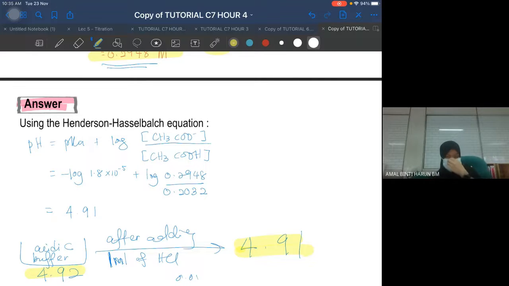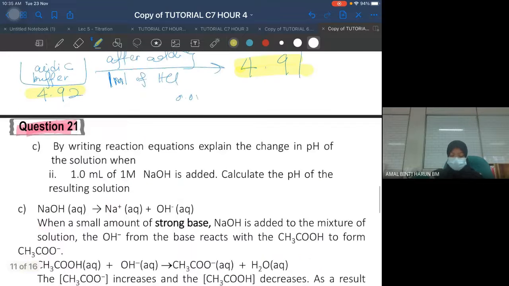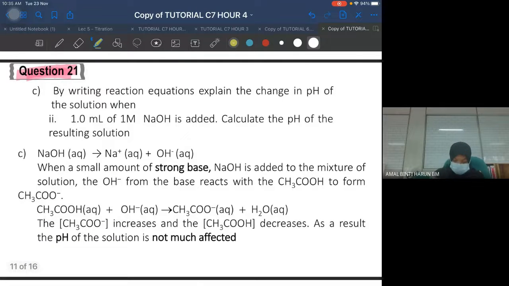Macam mana buffer tu bertindak sebagai boleh maintain pH dia. Okay. By writing reaction equation, then the change pH solution ni bila kita tambah 1 ml sodium hydroxide, which is the strong base. So bila kita tambah base, buat equation dia, the OH minus added is being neutralized by the acidic component.